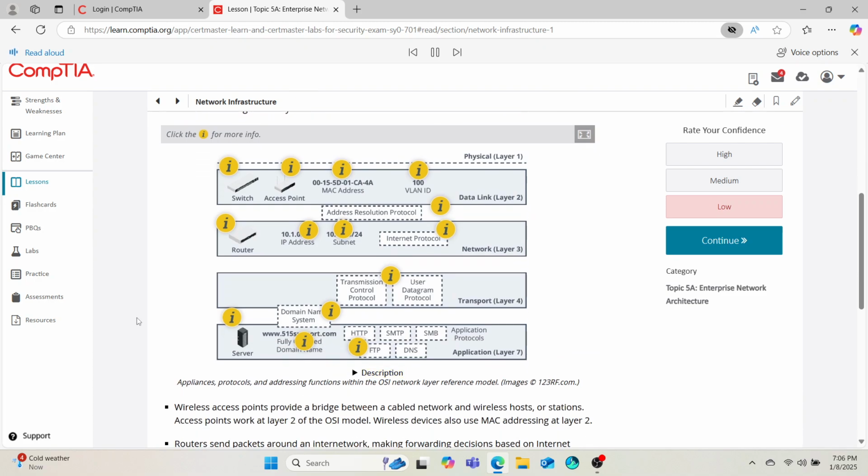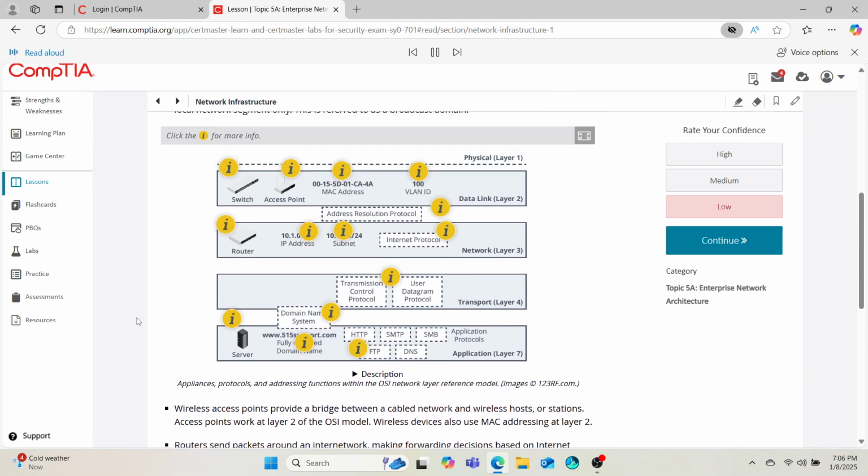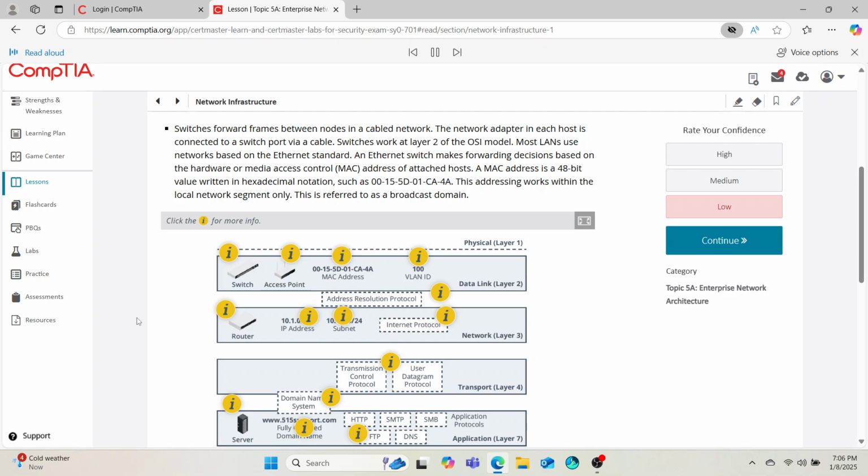Description. The model includes 7 layers: Layer 1, Physical; Layer 2, Data Link; Layer 3, Network; Layer 4, Transport; and Layer 7, Application. The data link layer includes a switch and an access point. It has MAC address 00-15-5D-01-CA-4A and VLAN ID 100.